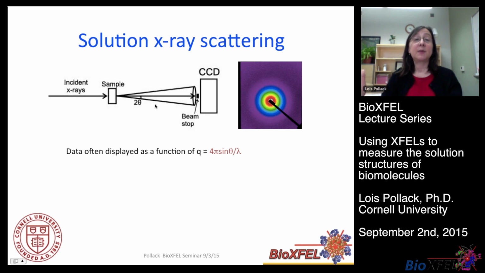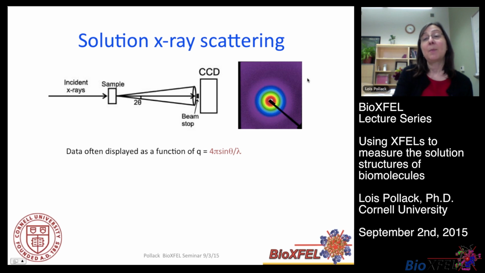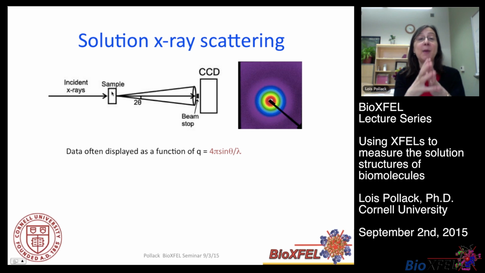And then we collect this scattered radiation on a CCD detector, and we get a pattern that looks something like this. And the whole name of the game is figuring out what exactly got put in here to change the X-ray beam from being very, very collimated to this widely scattered pattern.